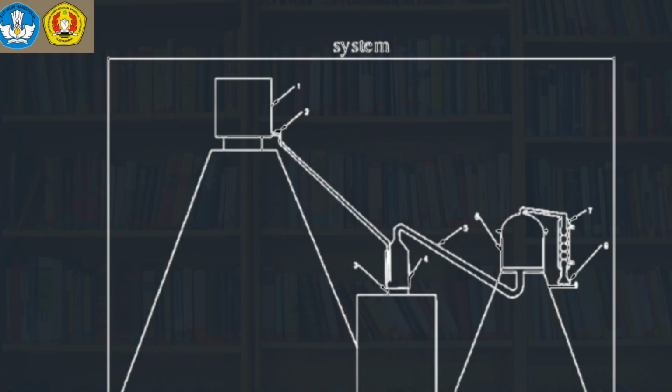Okay guys, can we notice the components? Number one is water tank. Number two is control valve. Number three is electric heater. Number four is boiler.